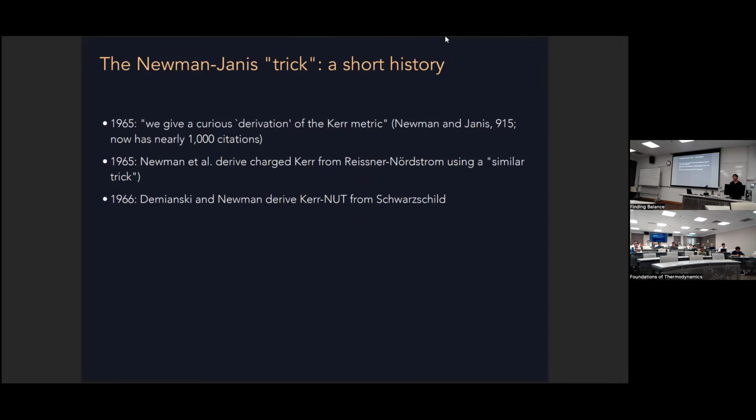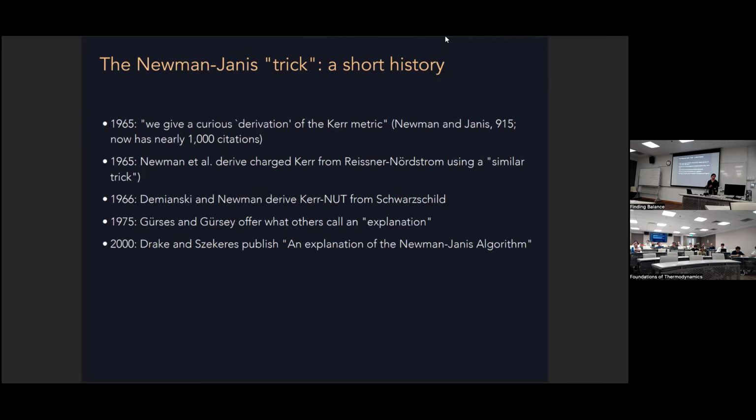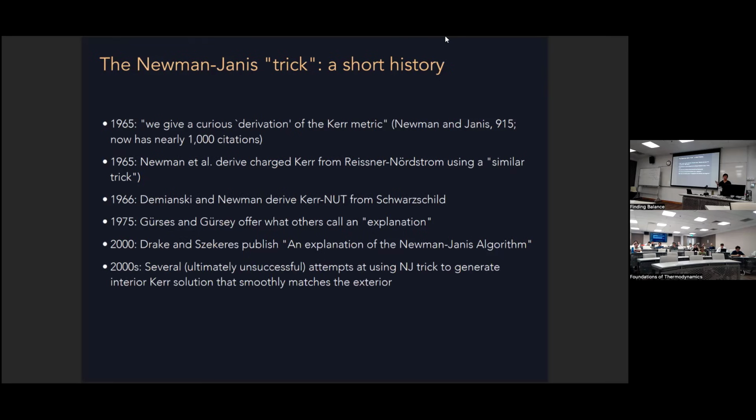Demianski and Newman derive Kerr-NUT from Schwarzschild. Gürses and Gürsey in 1975 offer what they call a kind of explanation of the trick. Drake and Szekeres published an explanation of the trick again in 2000, clearly unsatisfied with the previous explanations.